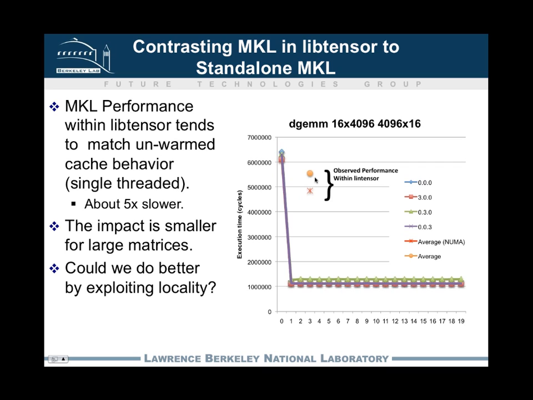So this was the first challenge we identified: the way it is built right now does not allow us to get the best out of MKL, and part of it is because we cannot manage locality.